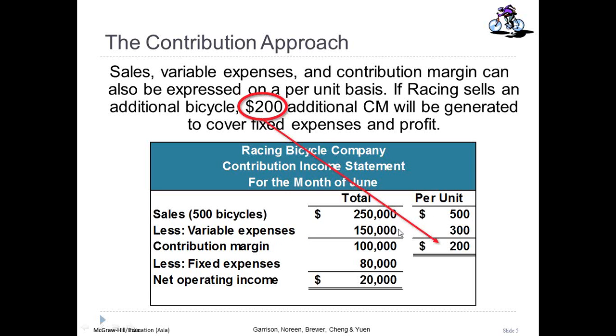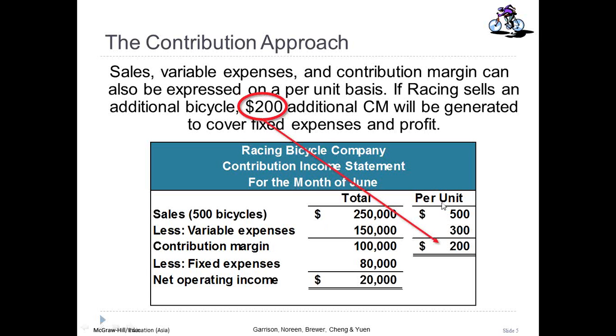Now we know that the variable expenses are $150,000. So $150,000 divided by 500 is what? $300 per unit. So 500 minus 300 is 200. You can check that by dividing the total contribution margin of $100,000 by 500, which equals 200. So either way, the math confirms.